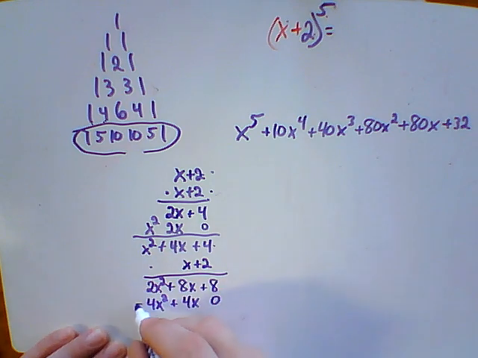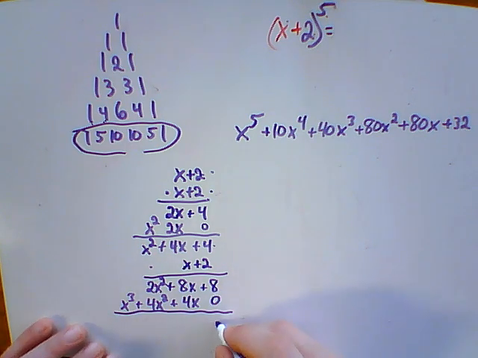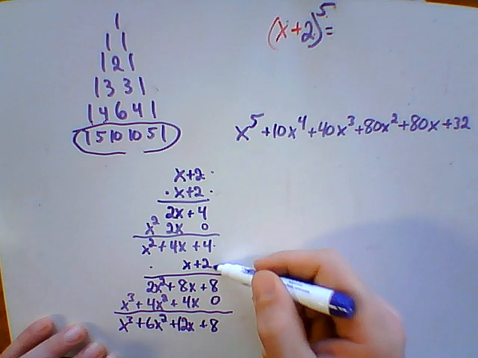And x times x squared is x cubed. Hopefully by this time you're already saying it was faster doing the triangle. It was. Add down, I have 8. Now I have 12x. Now I have 6x squared and an x cubed. Now I've done it 3 times.